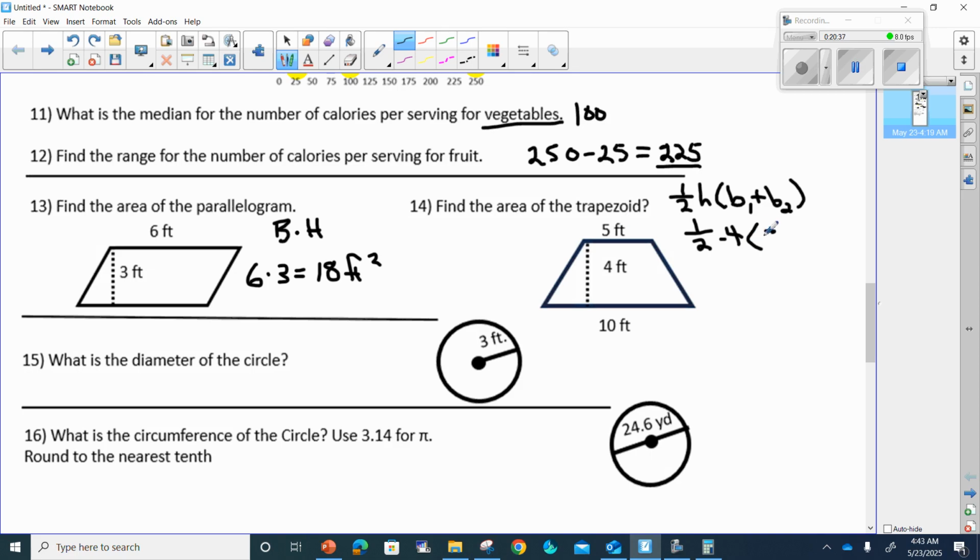Base 1 is 5. We're adding that to base 2, which is 10. 1/2 of 4 is 2. And 5 plus 10 is 15. 2 times 15 is 30. So this is 30 feet squared.